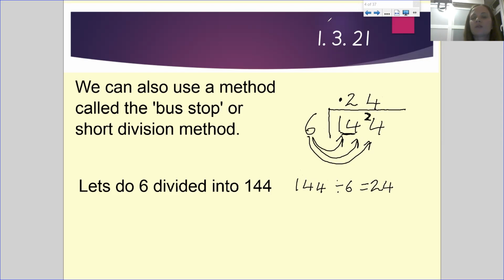Again, we can do this with a different number, and sometimes you will be left with a remainder if the number doesn't divide equally. So for example, if I had 175, and I'm going to divide that by, let's say, 7. 7 can't divide into 1.